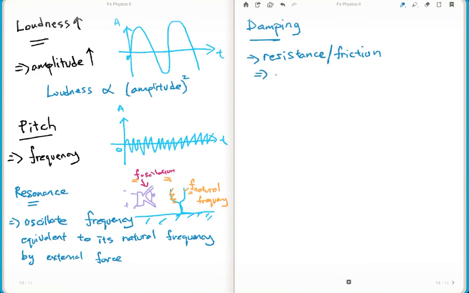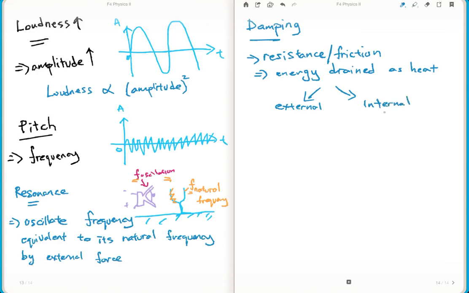Or another way you want to put it, a physics way, you call it energy being drained as heat. You have friction, you have resistance, you have heat. So you go through your reference. There are two types of damping. One is called external, and one is internal.